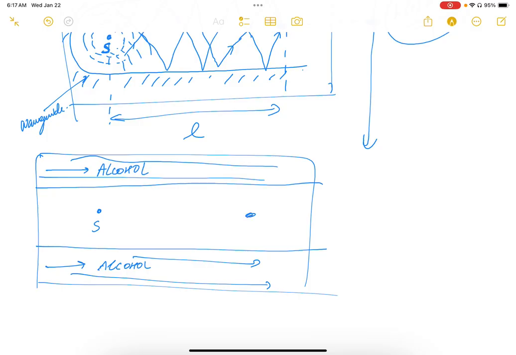In this case, what happens is when I throw the stone, it creates these waves. But when the waves go and hit the surface, the boundary of the alcohol and water, some amount of it basically goes into the alcohol, but some amount of it, depending on the angle at which it hits this interface, is reflected back into the water.